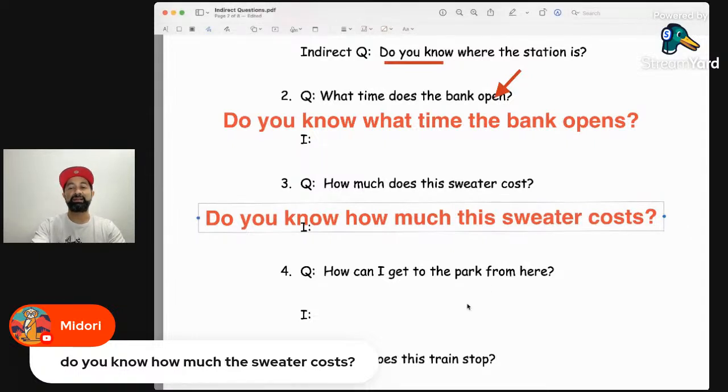How can I get to the park from here? Who can make an indirect question here? And let's make this a little bit more difficult.